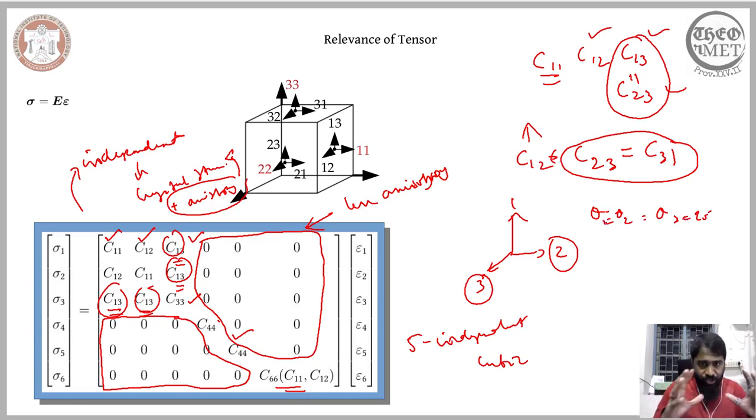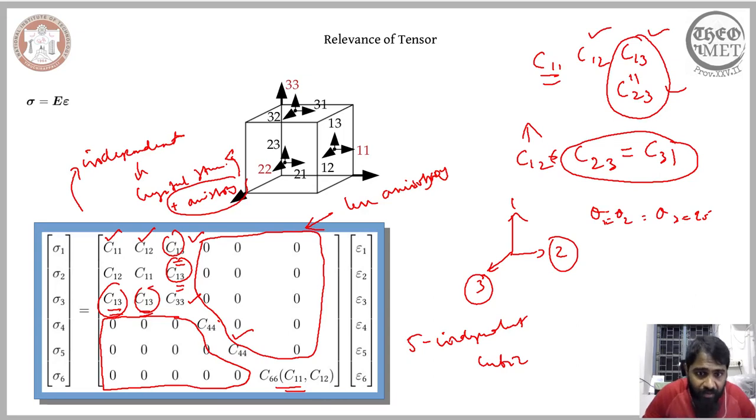So what we have essentially observed here is the descriptive expression of my tensile behavior using tensor notation. It helps me describe the mechanical behavior. In addition to that, it gives me information on what sort of crystalline material I'm dealing with, what the nature of the crystal structure is, and how much anisotropy it has.